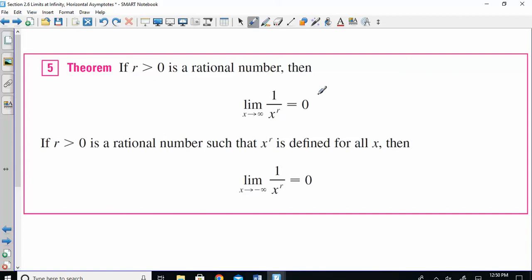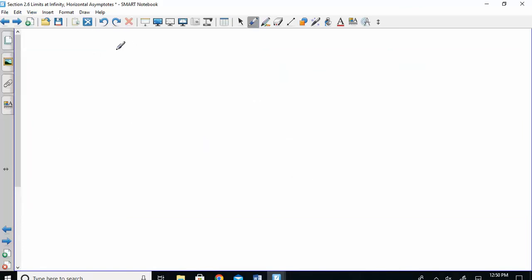Okay, so we can think about it using some reasoning skills too. We used it from the graph here, but just think about it. But x is going to infinity, so x is getting bigger and bigger, right?